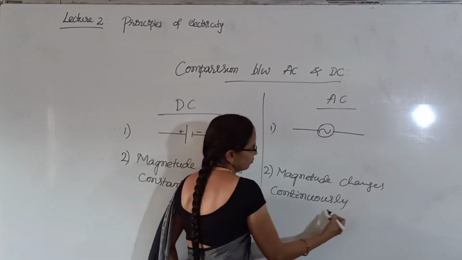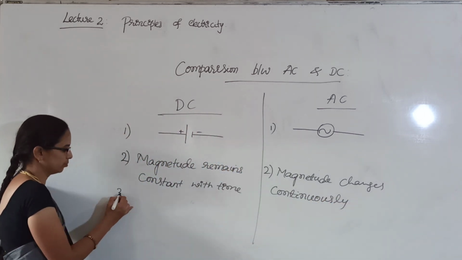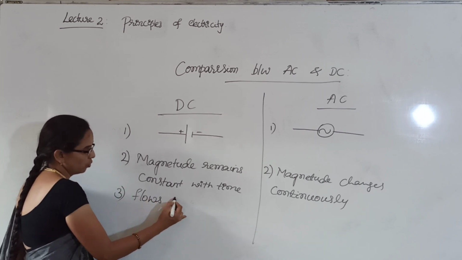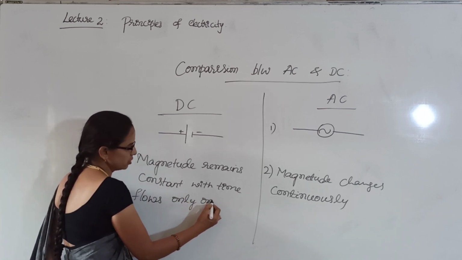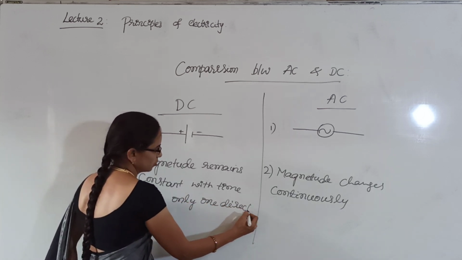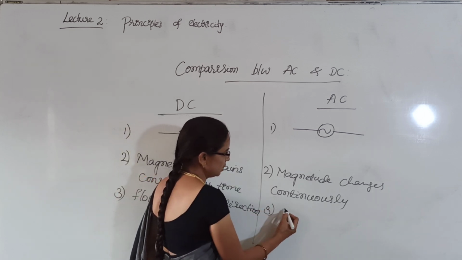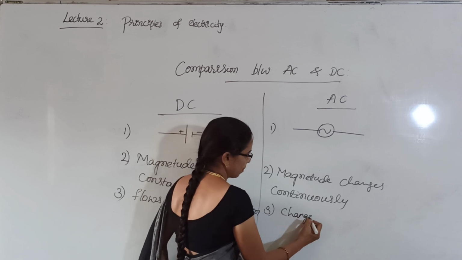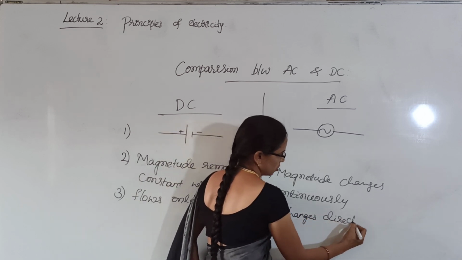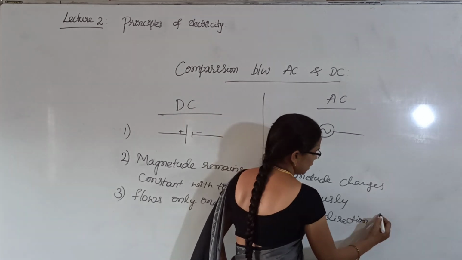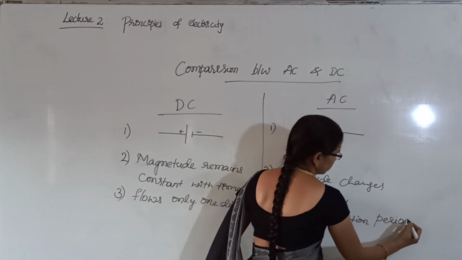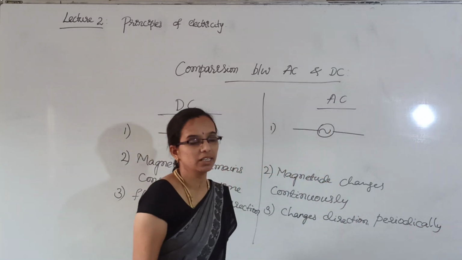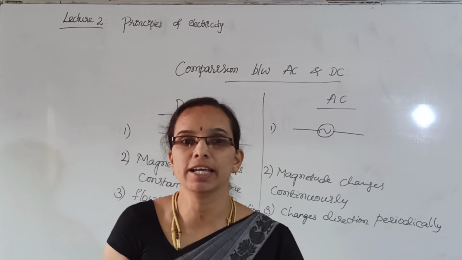Magnitude means the value of current or voltage. DC flows in only one direction, whereas AC changes direction periodically. That means for one half cycle it will be in one direction, and in another half cycle it will take the opposite direction.